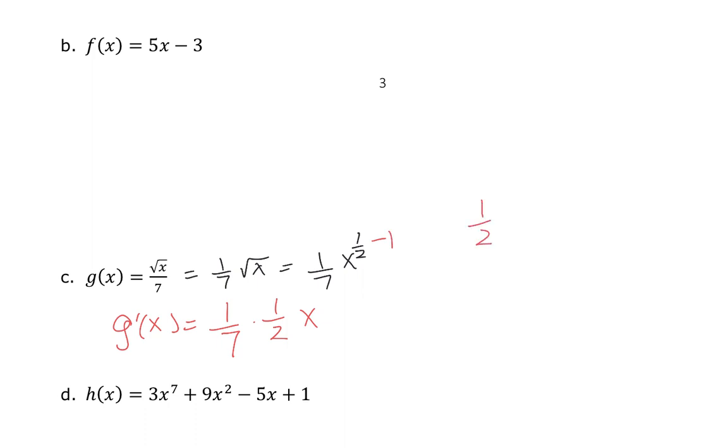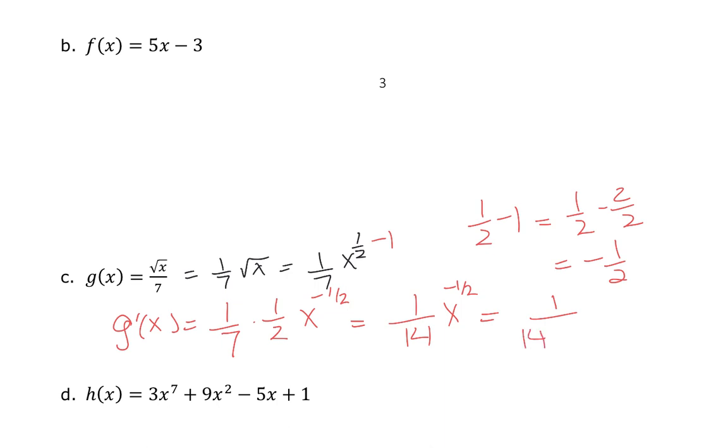So if I have 1/2 minus 1, this is the same thing as 1/2 minus 2 over 2, which is equal to negative 1/2. So it's going to be x raised to the negative 1/2. So this is 1 over 14 x raised to the negative 1/2. Now if I don't like negative exponents, then I can bring x raised to the negative 1/2 down into the denominator, and I can write this as 1 over 14 the square root of x. And that is my final answer.